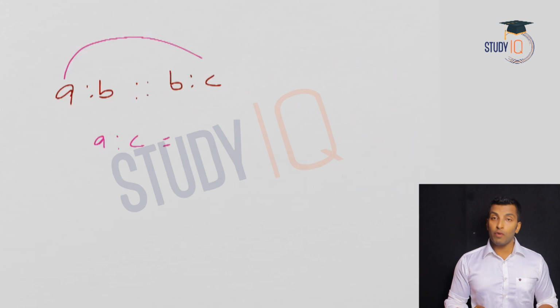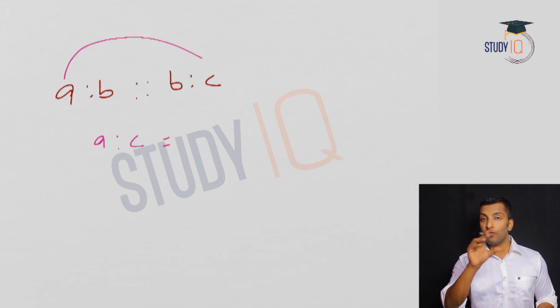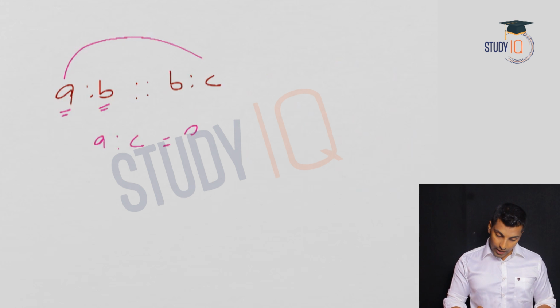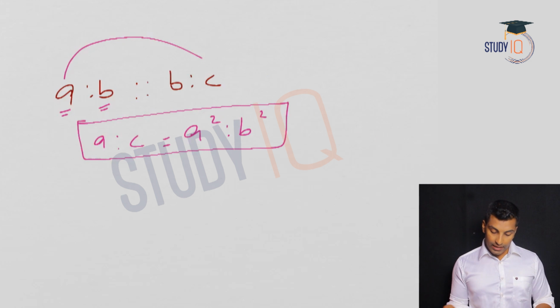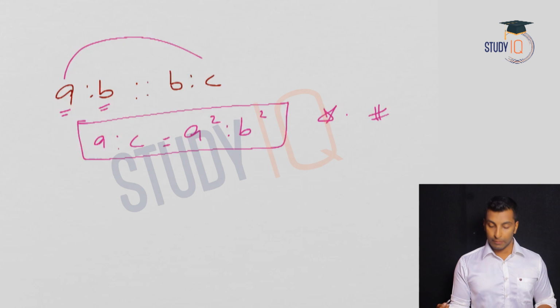Duplicate we have discussed in the previous session: a ratio compounded with itself. So the duplicate of A is to B means A square is to B square. So this is another property: A is to C is equal to A square is to B square, with which you can get questions. Just keep these properties in mind, very useful when you solve questions. I hope this point is clear for you.